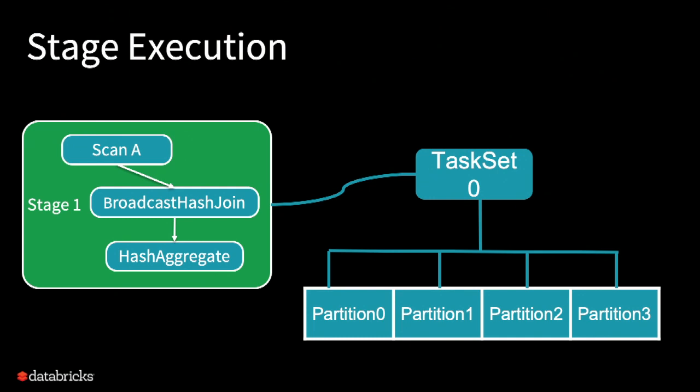When we start to execute a stage, we will start a task set. A task set is a set of tasks. Each task performs the consecutive operators in the stage on a partition of the input RDD that is on a local node. The task set is responsible for starting, monitoring, and updating the status of the tasks in the set.